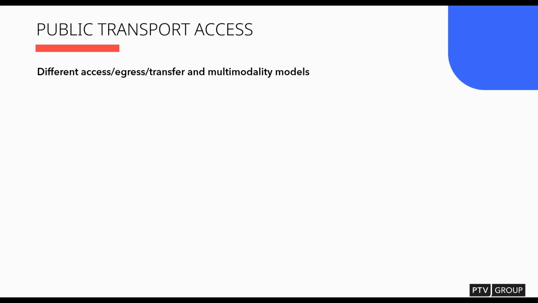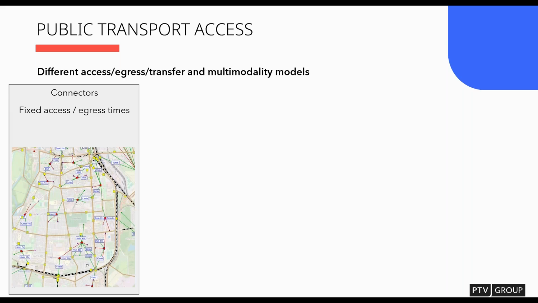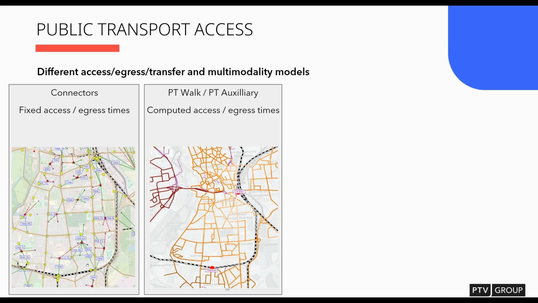There are a few different ways within the assignments that people access, egress, or transfer into the transit network. The first is fixed access and egress times that are done on the zone connectors. You can define on those zone connectors what the access time or egress time would be. This can also be calculated with the PT walk or PT auxiliary modes.